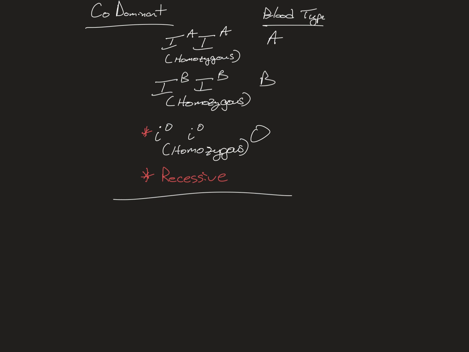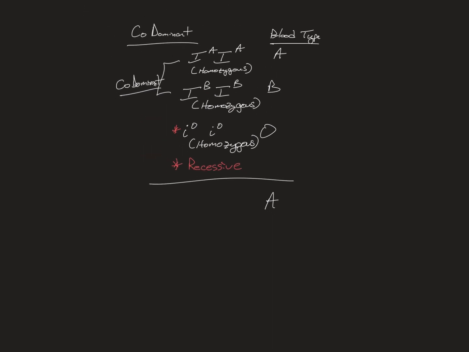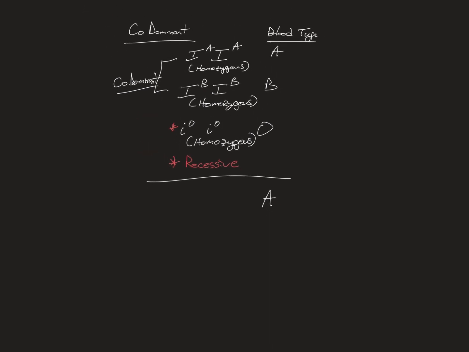I know you understood all that, but I just want to review that because in understanding this, we can apply it to how do we get A blood type and still be heterozygous. The only way to do that, because these two are codominant, the only way to get A blood type and be heterozygous is what? If it was B, what would you get?